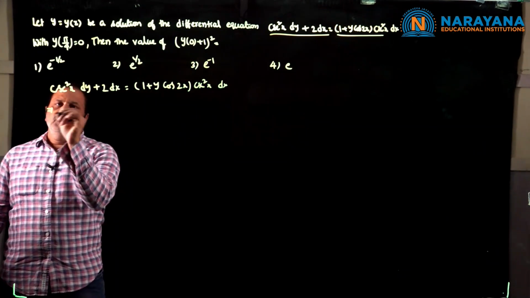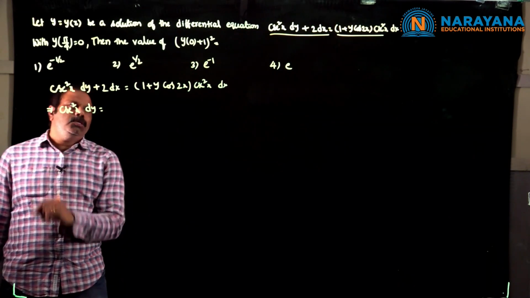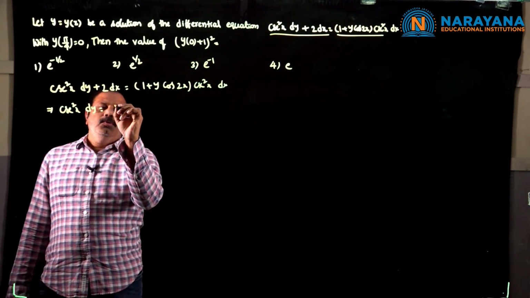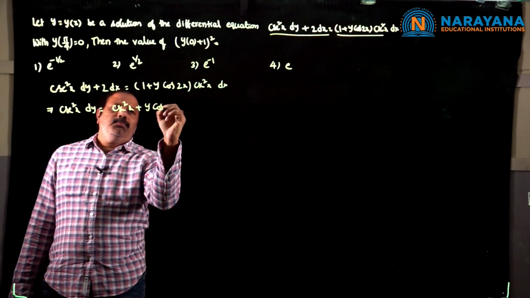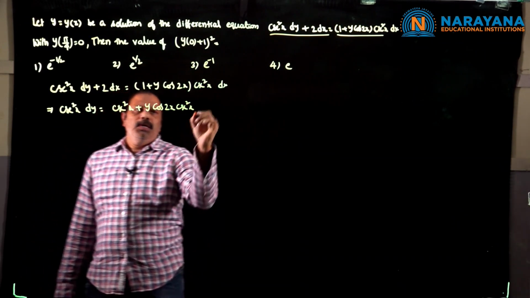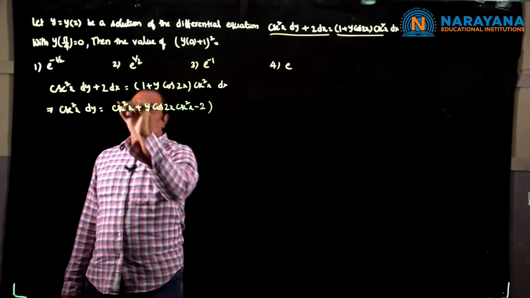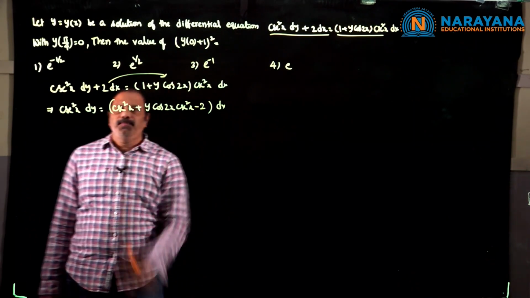From this, cosecant squared x dy is equal to (cosecant squared x plus y times cos 2x into cosecant squared x minus 2) dx. I am just taking this 2 dx to this side.